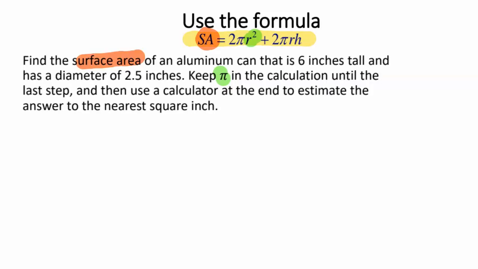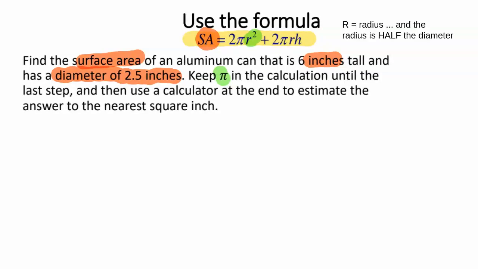Of an aluminum can that is 6 inches tall. Now, it has a diameter of 2.5. Now, remember, R equals radius, and the radius is half the diameter.